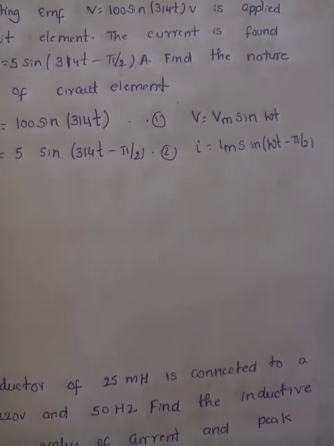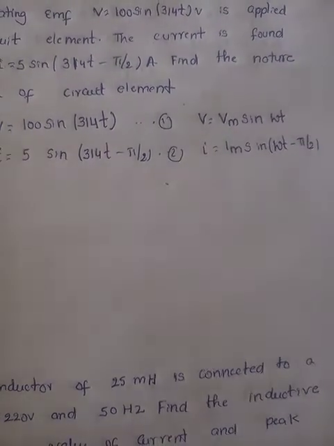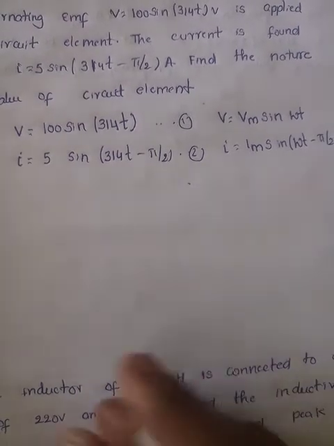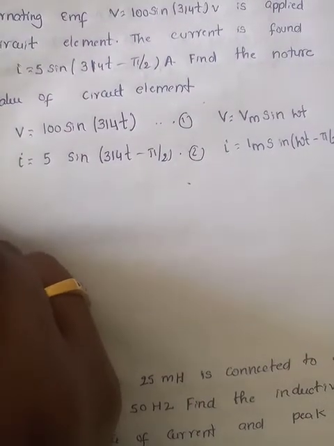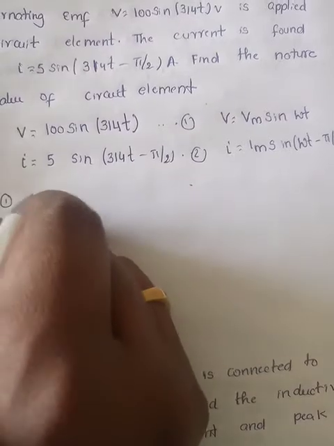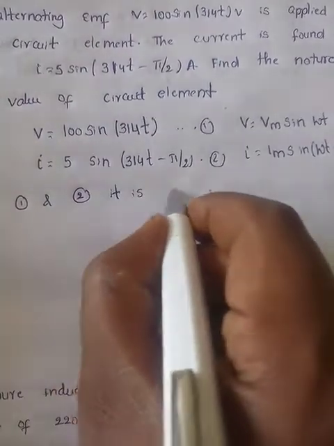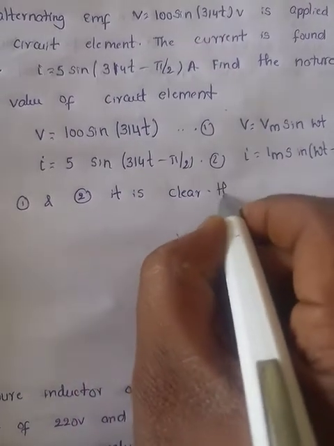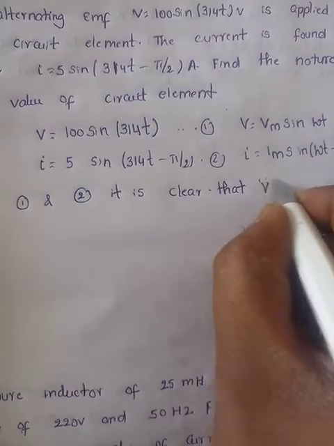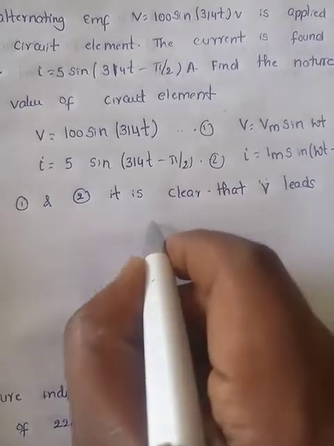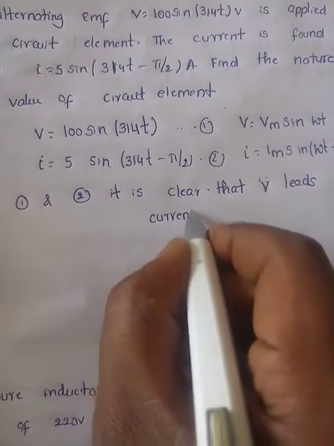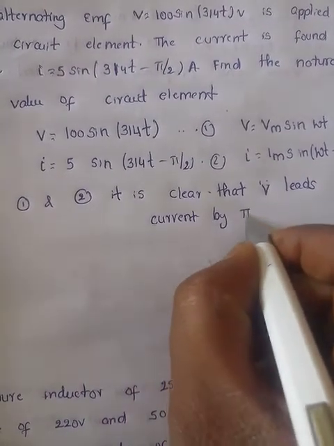So, from equations 1 and 2 it is clear that voltage leads current by pi by 2.